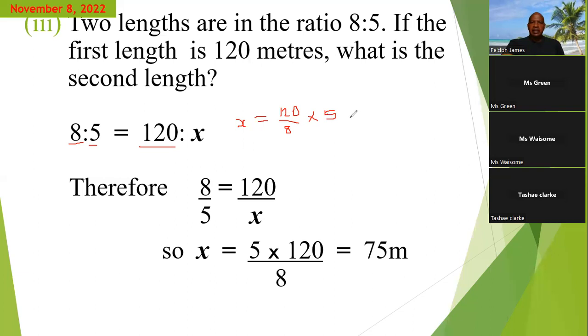And you notice that the calculation would have been the same as before. You will get 75 meters. All right. So that would be a little shorter than the approach that we took before.